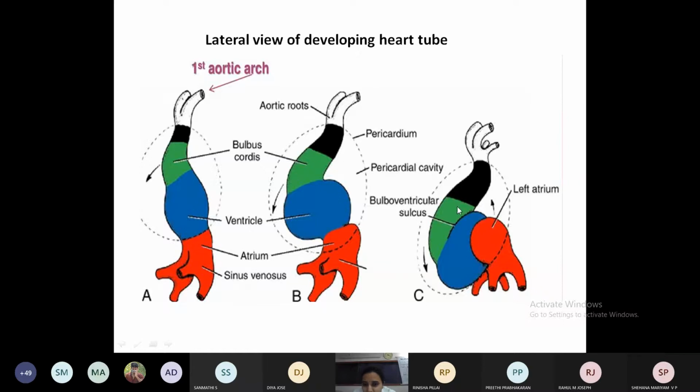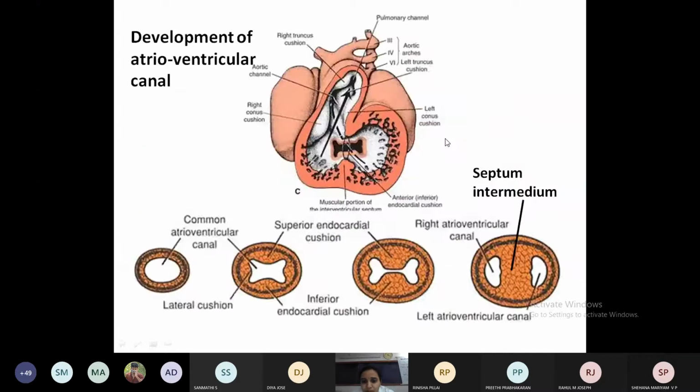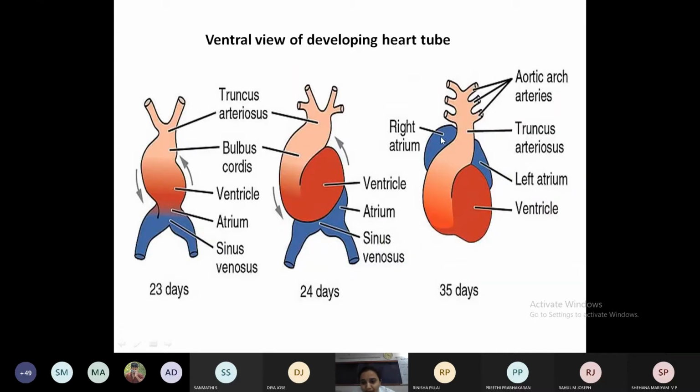As it bends into the pericardial cavity, the primitive atrium and sinus venosus are shifted backwards. Later this primitive atrium goes behind and above the developing bulboventricular loop and bulges on both sides of it.